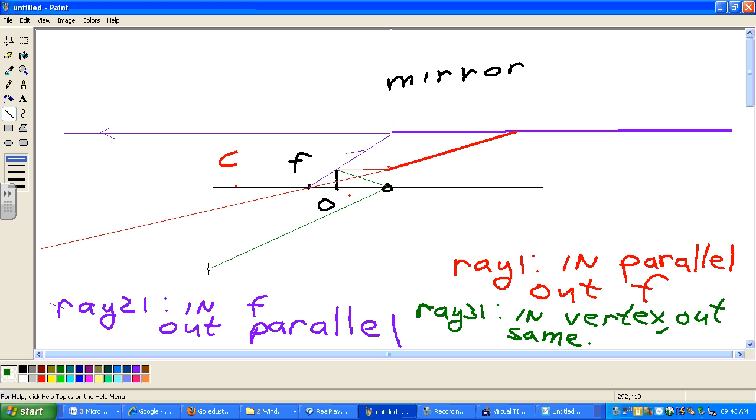So if you're measuring 1 centimeter up, it's going to hit 1 centimeter down.